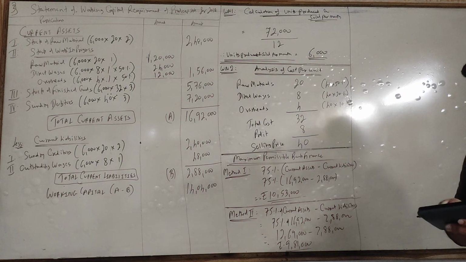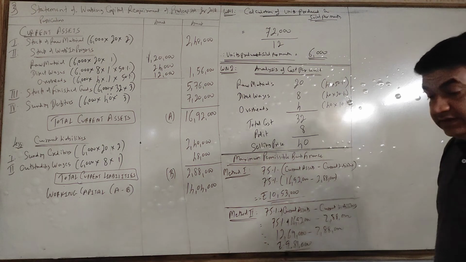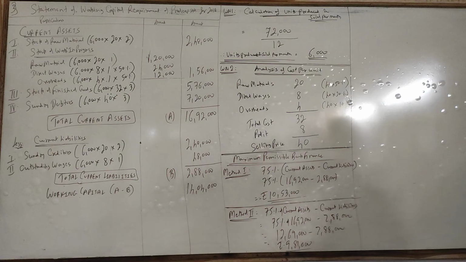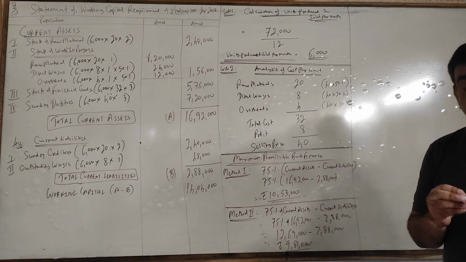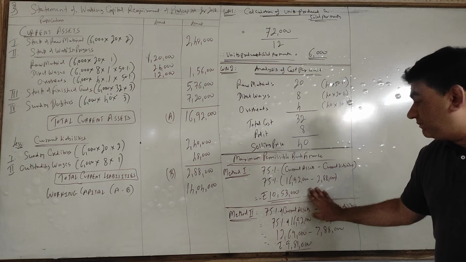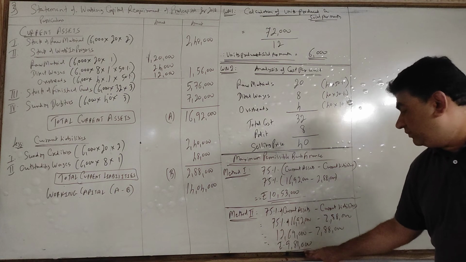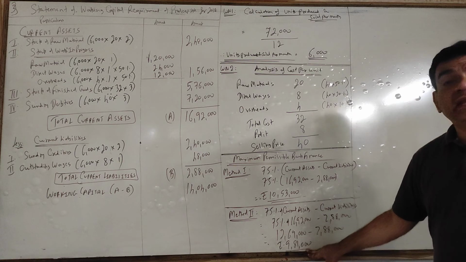Repeat again: take 75% of your current assets, from that deduct current liabilities. Got it? So as per method 1, you will be provided finance up to 10,53,000, and in method 2 you will be provided up to 981.